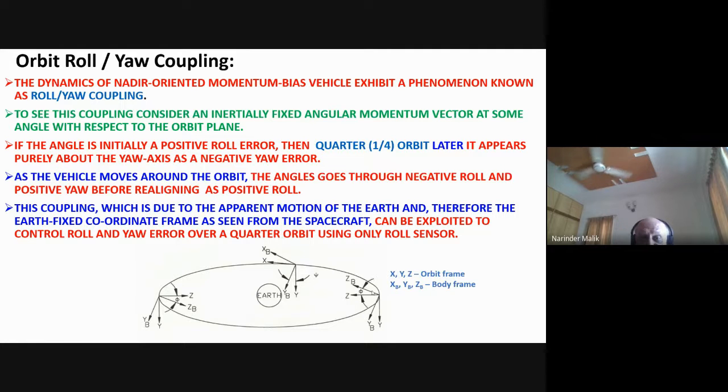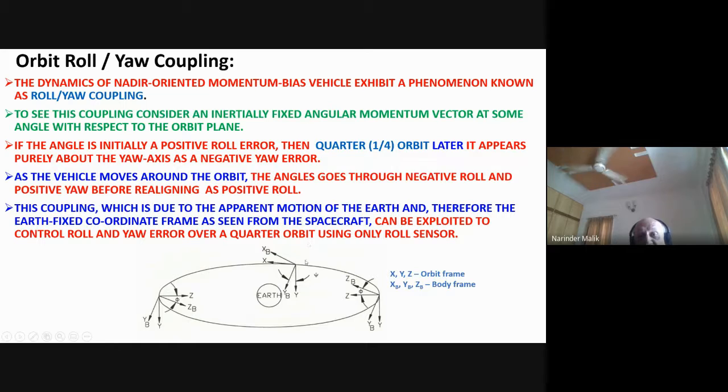And since the spacecraft yaw axis is always pointing toward the Earth center, here the spacecraft is pointing in this direction. After a quarter of orbit, it has experienced a 90-degree motion. So whatever was the angular momentum direction, that remains the same. Suppose the angular momentum direction was in this direction. Here also it will come in this direction.